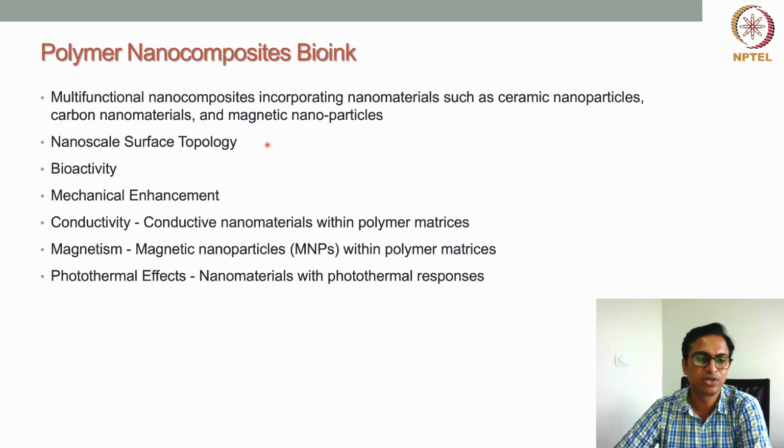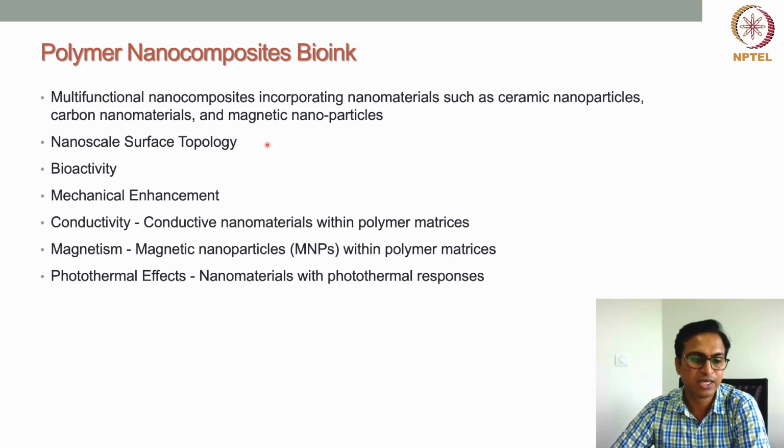That 3D structure will have a high amount of conductivity, which will be very good for innervated tissue engineering, like for heart tissue, myocardial tissue engineering, and nervous tissue engineering. This kind of conductive nanomaterial-incorporated polymer matrices or nanocomposite bioink can be very well used.